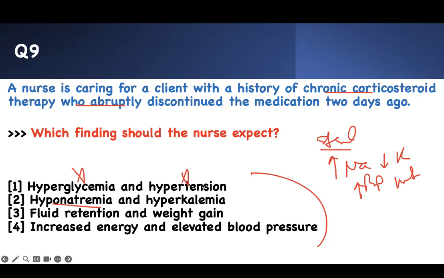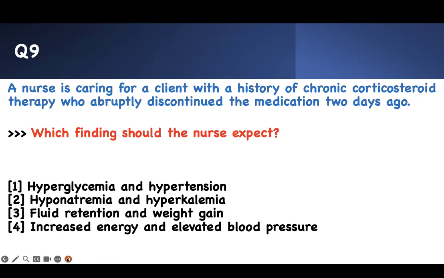Your sodium, there's not much steroid, it goes down. The potassium will go up. Fluid retention, you're going to lose fluid. Weight gain, you lose weight. If you're losing weight, your energy is not going to go up. This is adrenal insufficiency. And this is how the NCLEX or nursing school exams will ask you. So be ready for that.